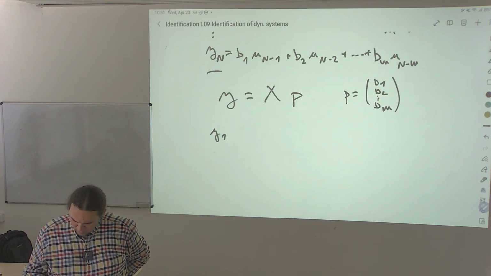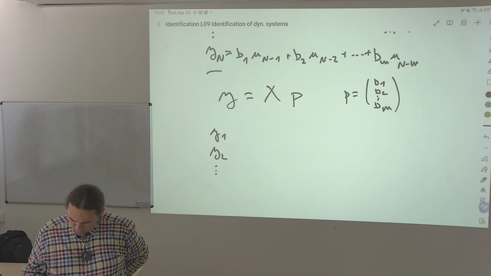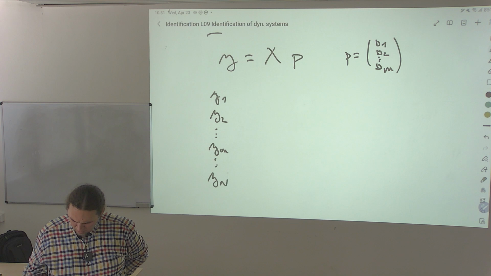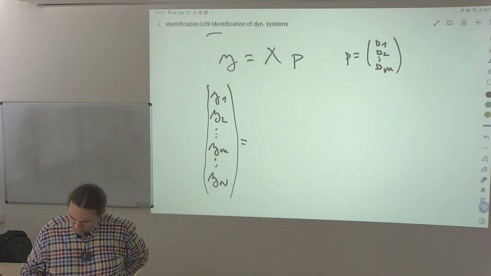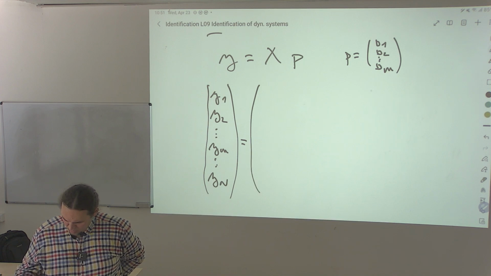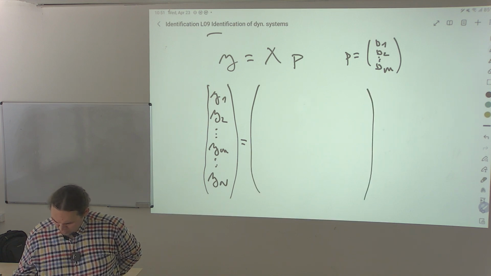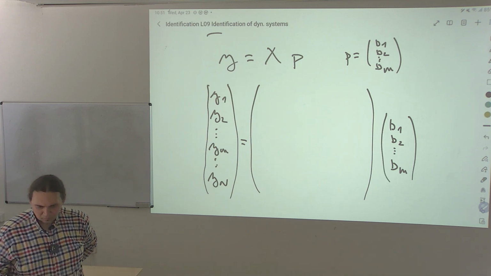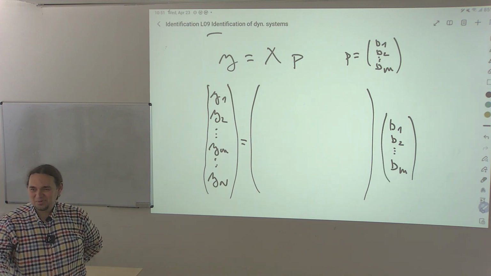So we have y1, y2, and so on until ym and yn. We multiply this by b1, b2 until bm. Good.